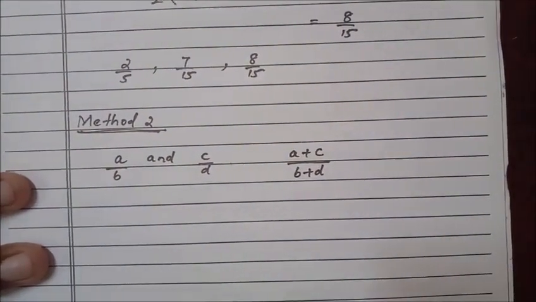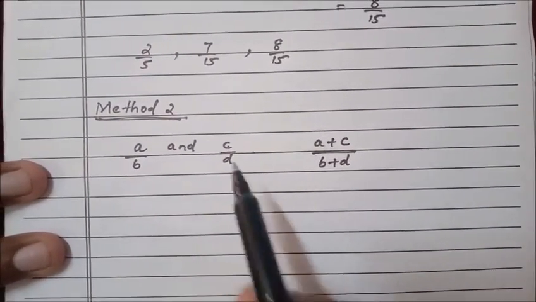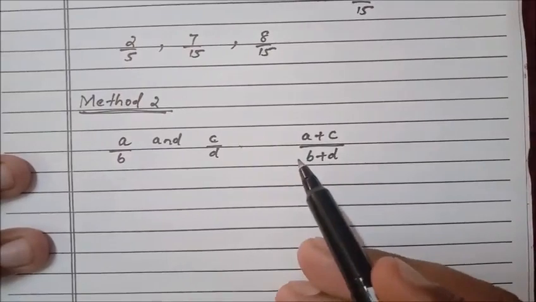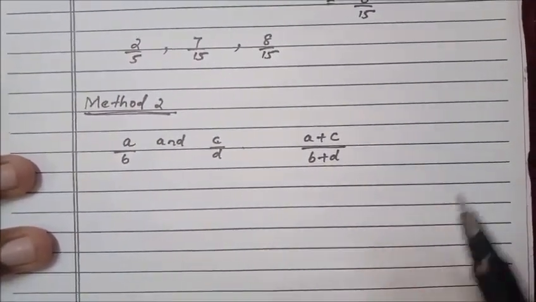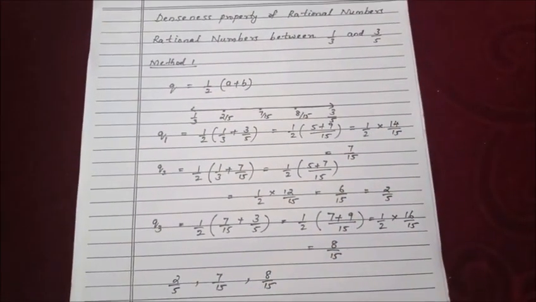And here we know that we are adding the numerators and denominators separately to find a rational number between two given rational numbers. For example, consider the same rational numbers 1 upon 3 and 3 upon 5.